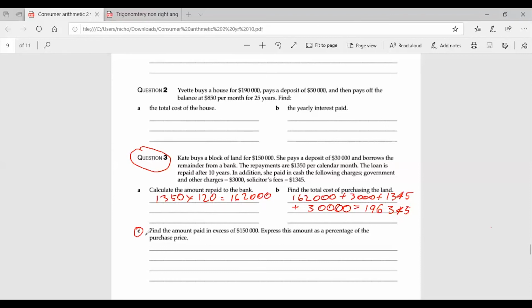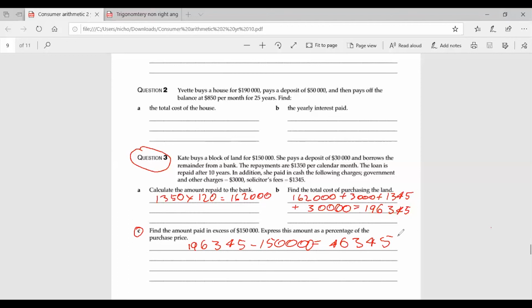No, so we're not going to be subtracting the 150 from the 196. We're going to be doing it the other way around, right? So it's going to be 196,345 minus 150,000, right? And what does that equal to? It's going to be 46,345, right? Yeah.